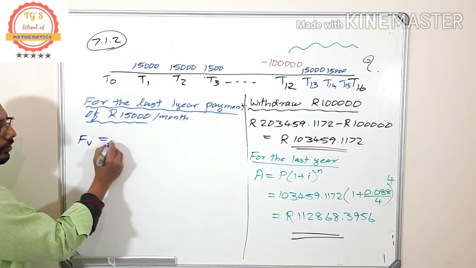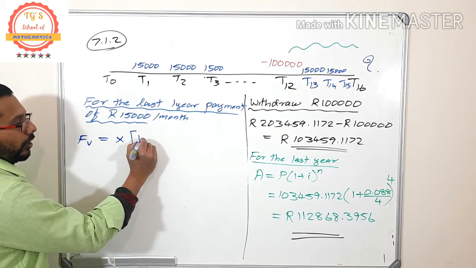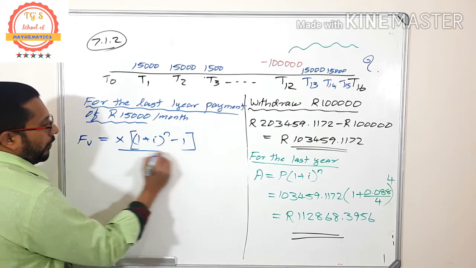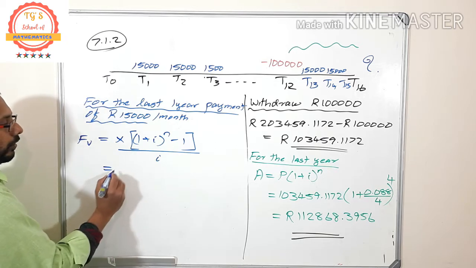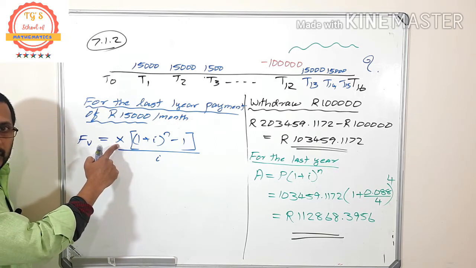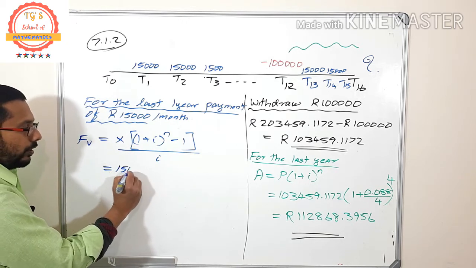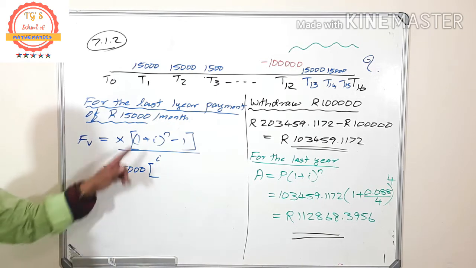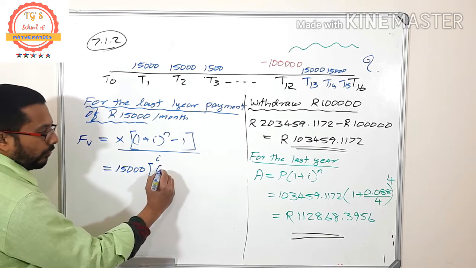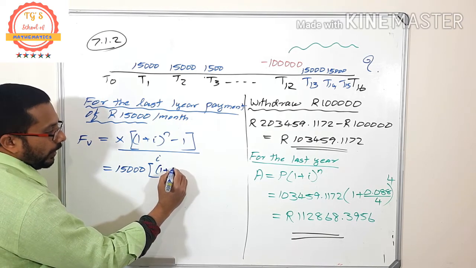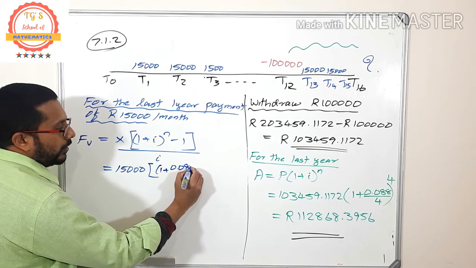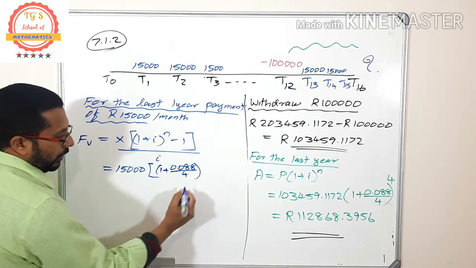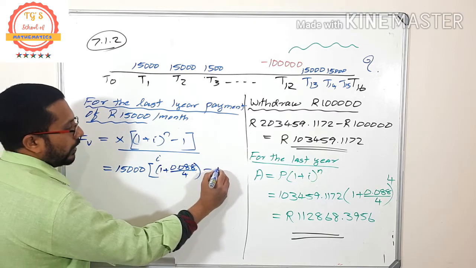Future value is equal to x into (1 plus i) the whole raised to n minus 1, divided by i. Here also x stands for monthly installment, so it is 15,000 into (1 plus 0.088 divided by 4) raised to n.